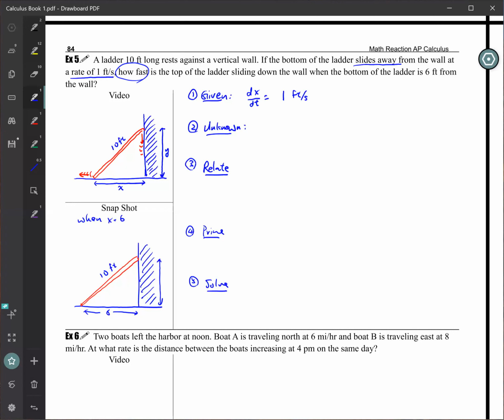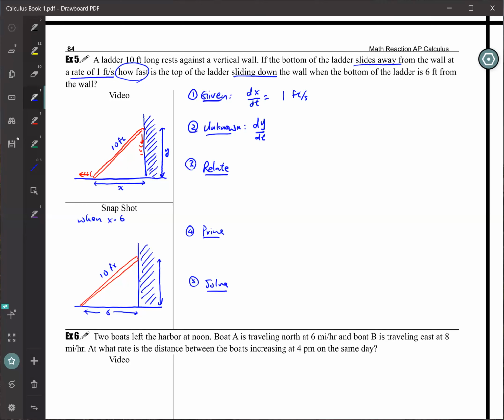X. Oh, wait, sliding down. Y. Yes, the vertical, that's the up and down, right? So your unknown rate should be dy/dt. Everything is a rate. dx/dt is also a rate, dy/dt is also a rate. So it's better not to use dr/dt, because it doesn't tell me which rate we are talking about.